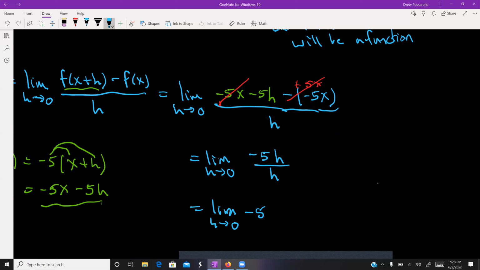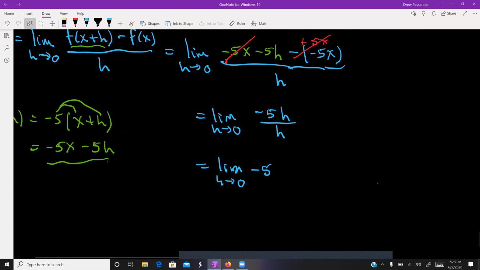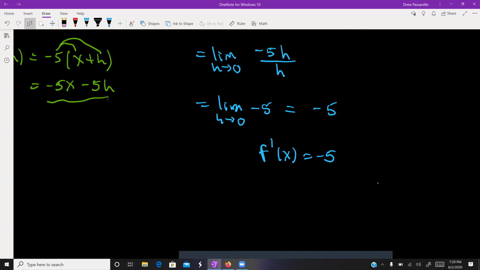Whatever h you plug in, there's no h in the formula at this point, it's just -5, so the limit is going to be -5. And this is the derivative, so we'd say f prime of x equals -5, and it is a single value, but this is a function.